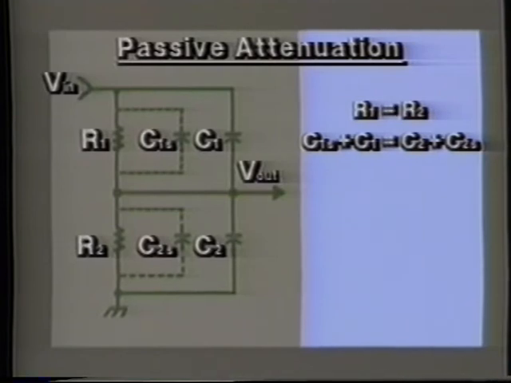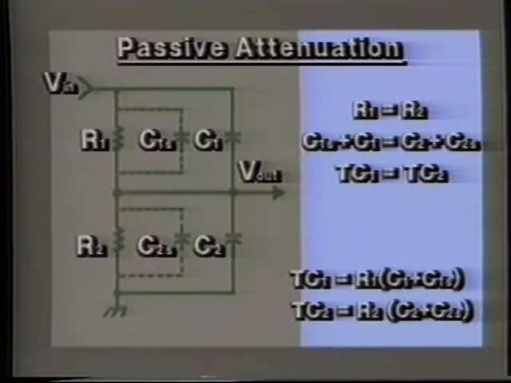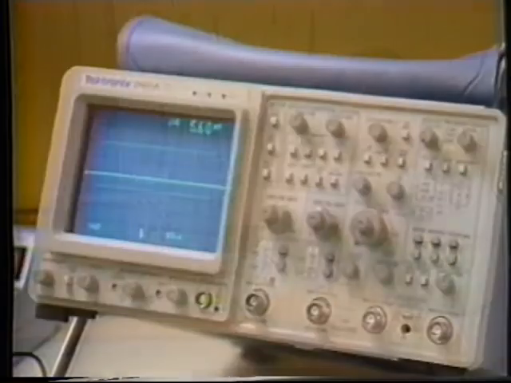By adding external capacitors, I can control the ratio of capacitors and make the attenuation the same over all frequencies. The RC time constant on one end will equal the RC time constant on the other, creating a compensated voltage divider. Which is why we should never use a high Z passive probe until we've compensated it.